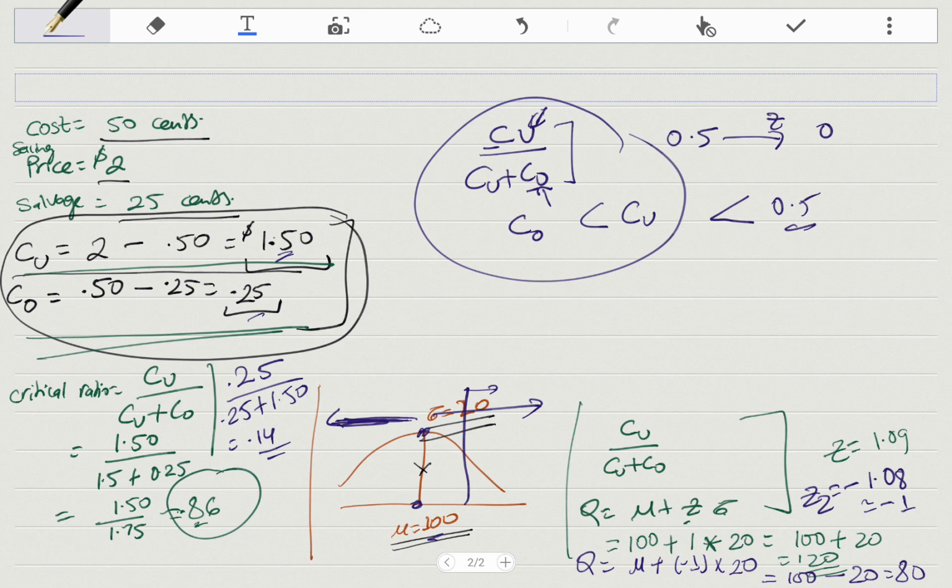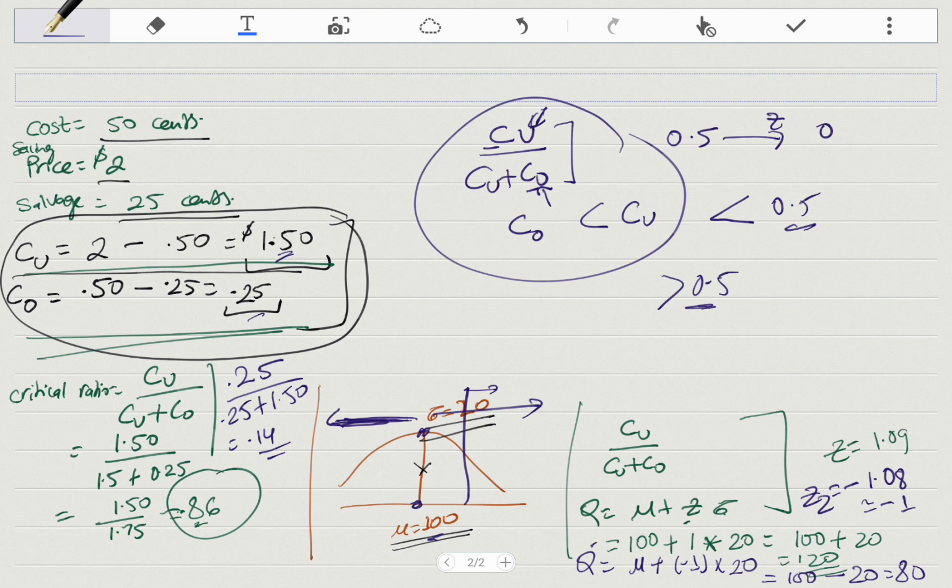In the other case, if your CO is higher than CU, like the second example where we flipped the numbers, your probability is less than 0.5, your Z is negative, and how much you order is less than the mean.